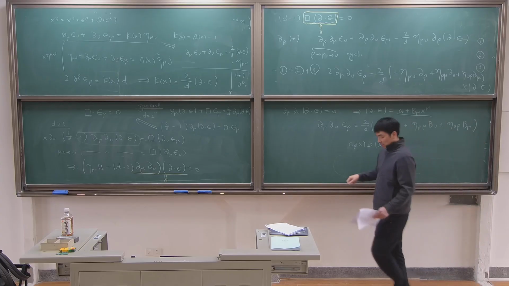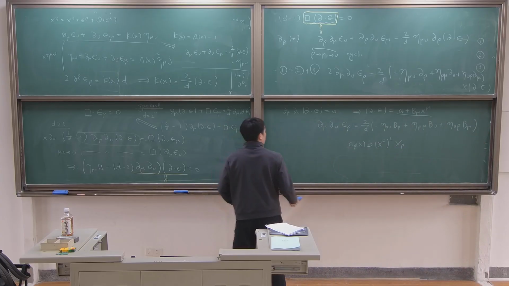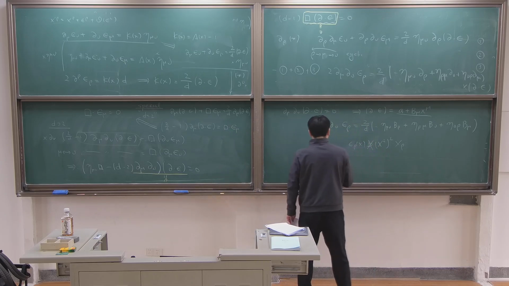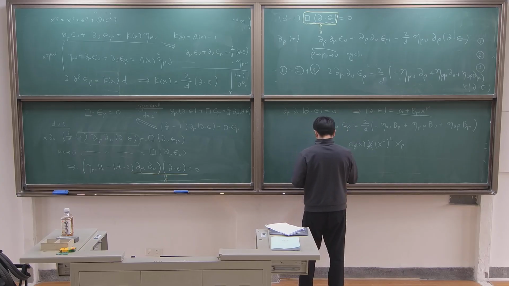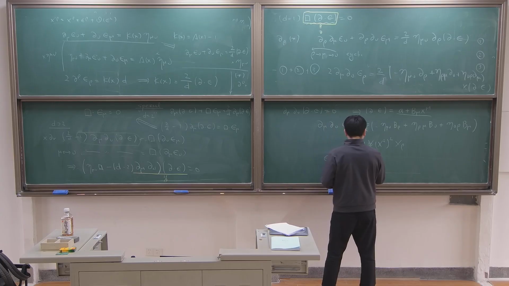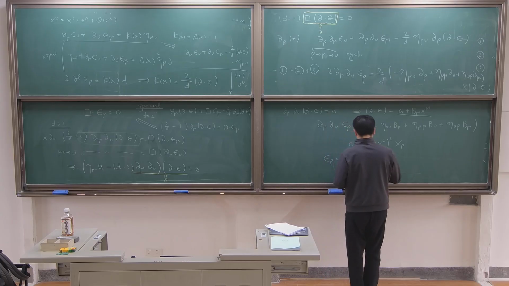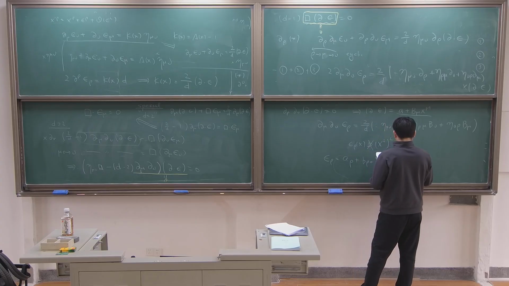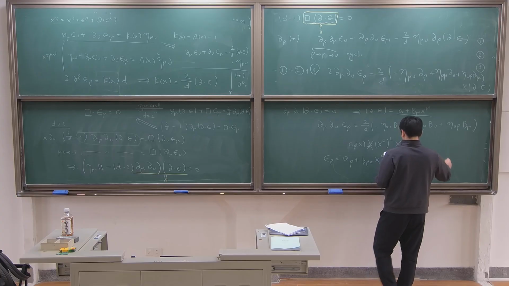So therefore, we can just mention that this never happens. So epsilon_rho has to have the following form: a_rho plus b_{rho sigma} x^sigma plus c_{rho mu nu} x^mu x^nu.